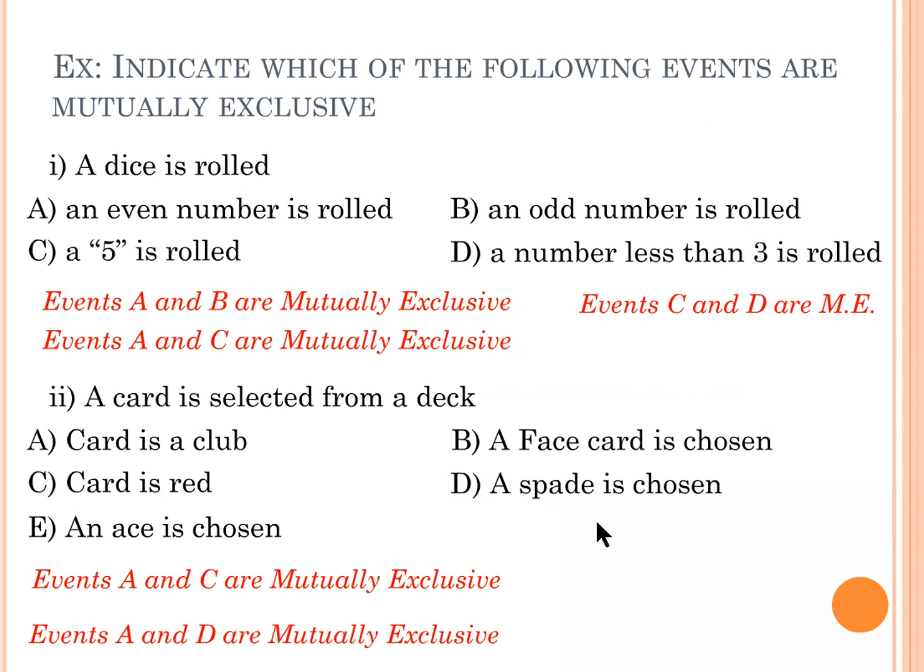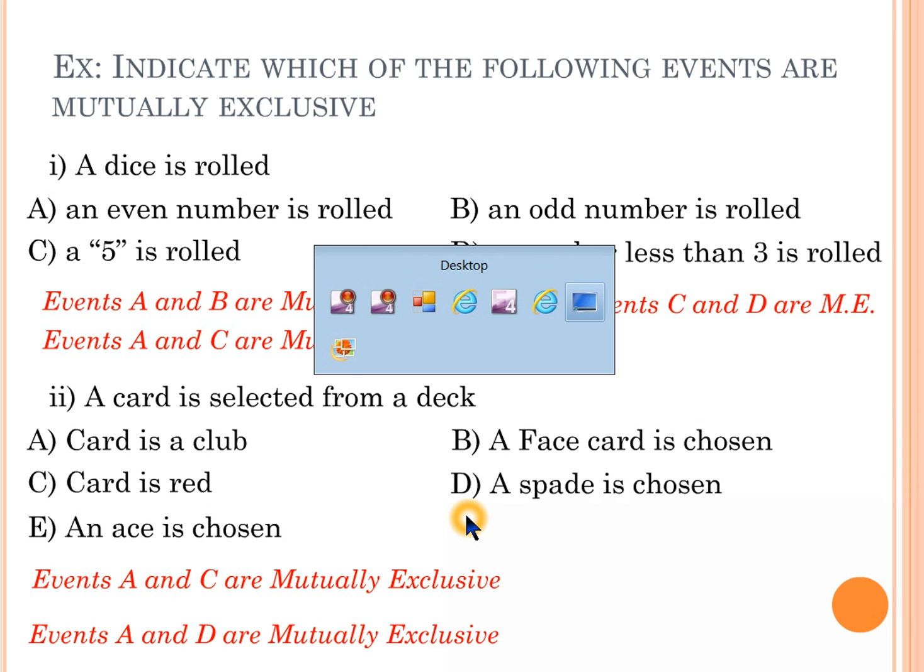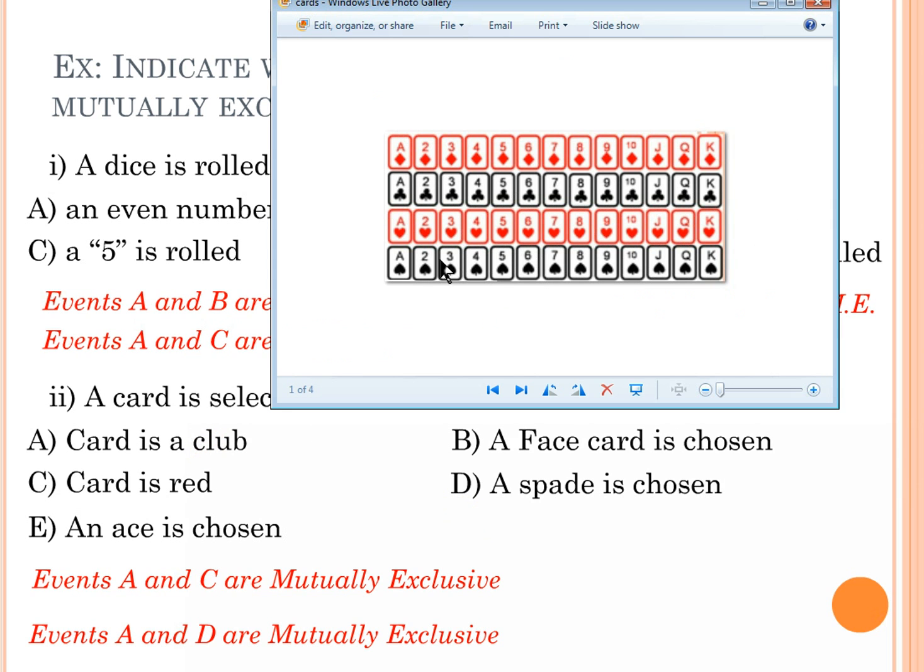All right, let's take a look at another example here. Events A and D are also mutually exclusive. A is a card is a club, and D is a spade is chosen, and that's right. There's no way that these two events can happen at the same time. So once again, if I bring out my deck of cards, the clubs are located at the bottom, and the spades are located, I guess over here, the top row. Spades are red. No, sorry, those are diamonds. Sorry, I think I kind of mixed up the order here.